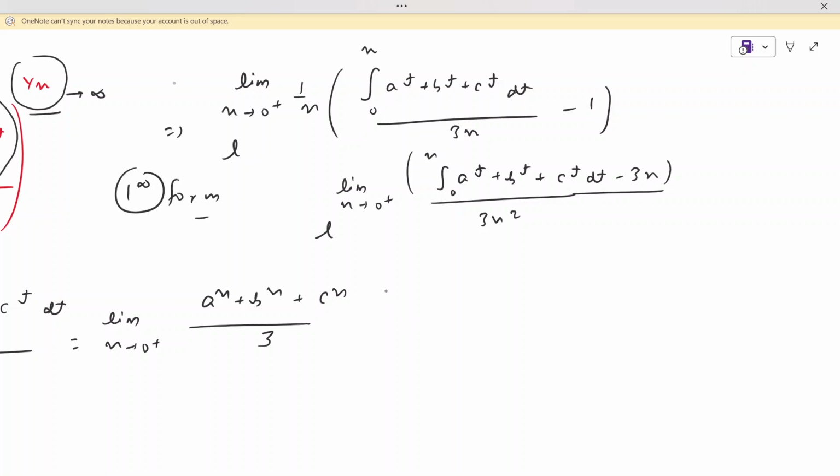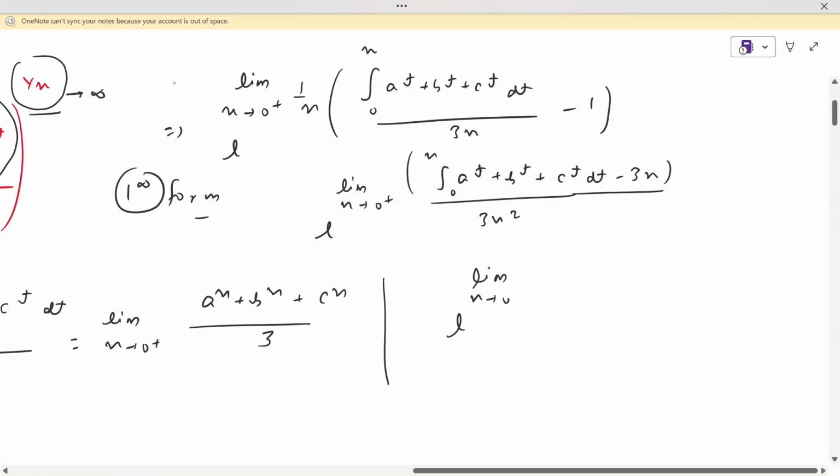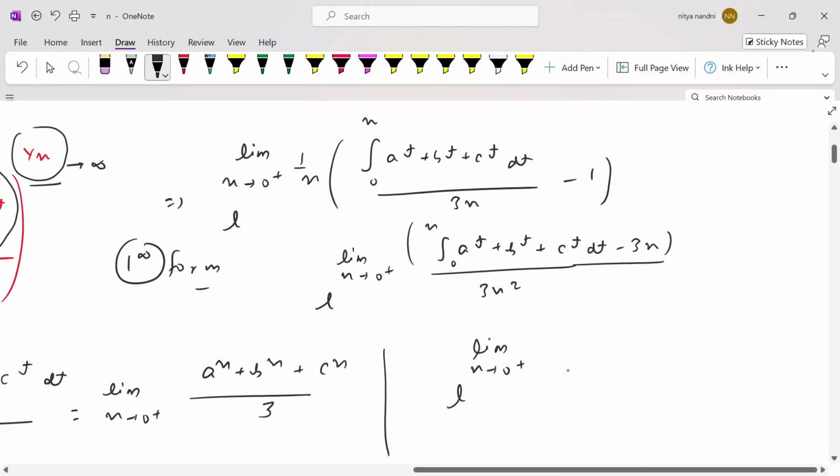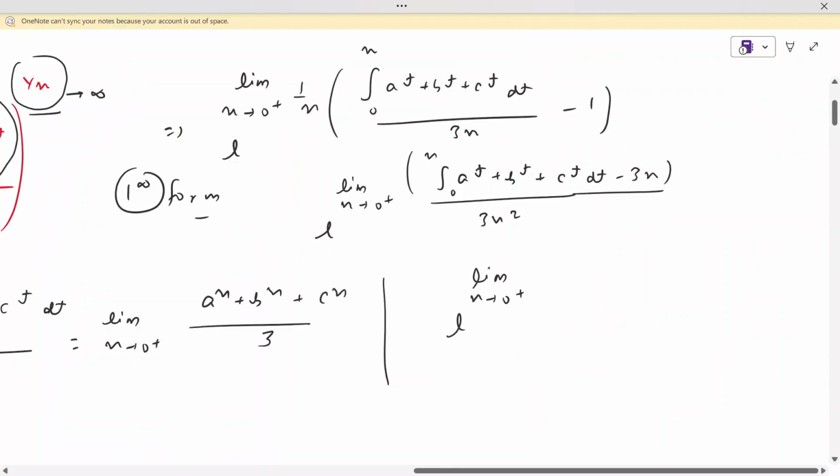Alright, so when you differentiate, what you will get is e to the power limit as x tends to 0 plus, simply differentiating, of a^x plus b^x plus c^x minus 3, over 6x.